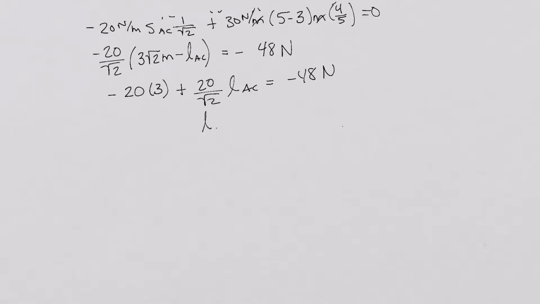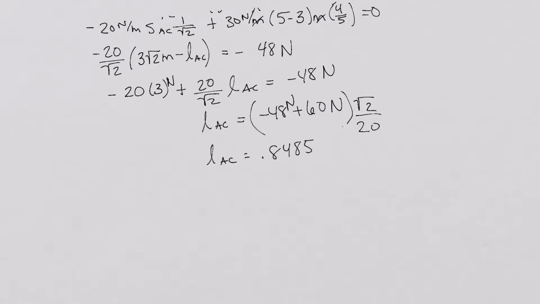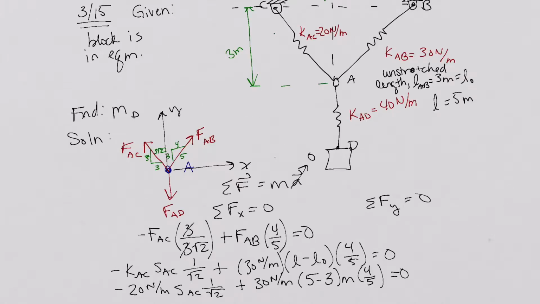So that means LAC is going to equal negative 48 plus 60, also newtons, and then times the square root of 2 over 20. So LAC equals 0.8485 meters. All right, so that was just from the sum of the forces in the x direction.